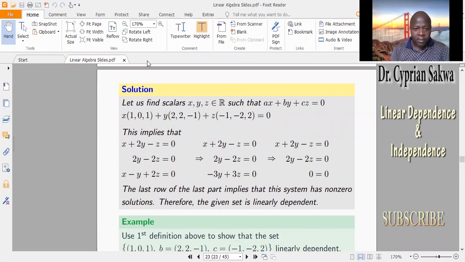It's the same example that we've done before, but I want to use the first definition because for the two previous examples, we used the second definition. So the question is, I don't know whether it's clear here, but let me just rewrite it.